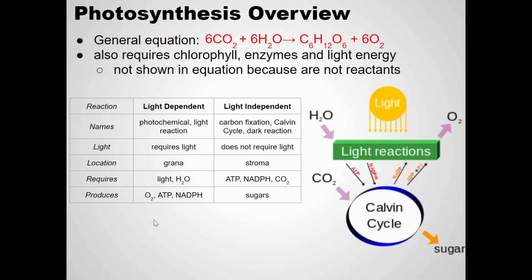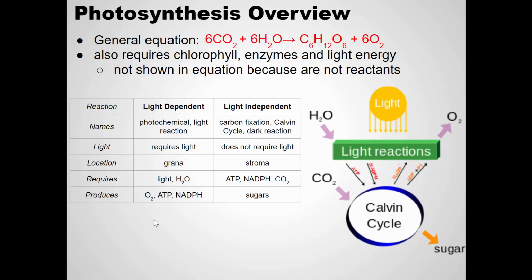All right. Then there's another part of these reactions, the light-independent reactions, the Calvin cycle, sometimes called the dark reaction. They don't require light. This part happens in the stroma, that fluid that's around the grana, that fills up the chloroplast.